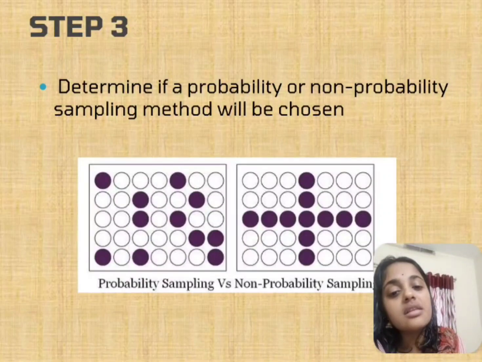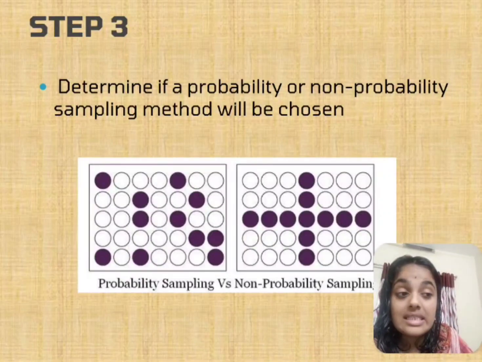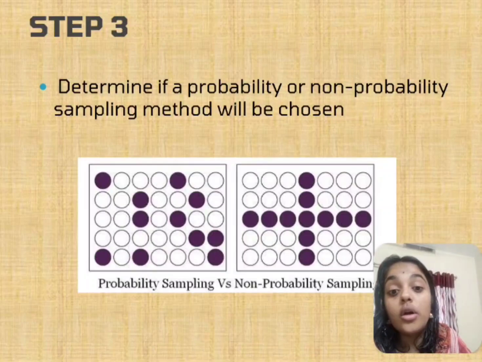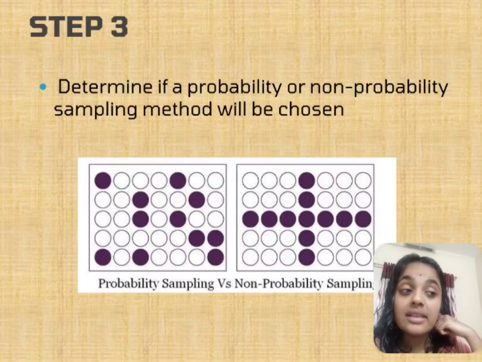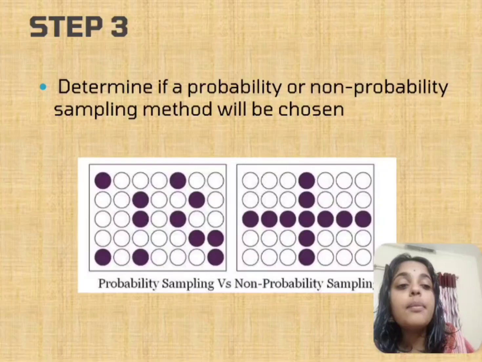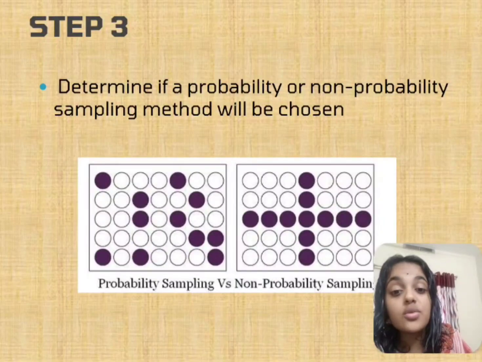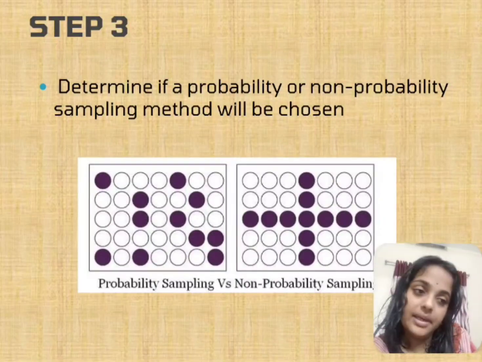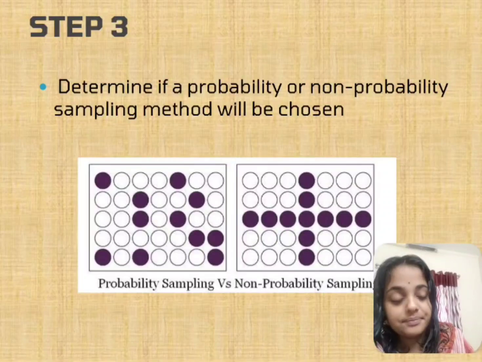The main characteristic of probability sampling is that every member or element of the population has a non-zero probability of being chosen in the sample. This type of sampling is also known as what? Random sampling. That is probability sampling.